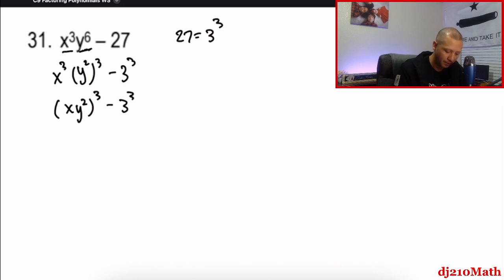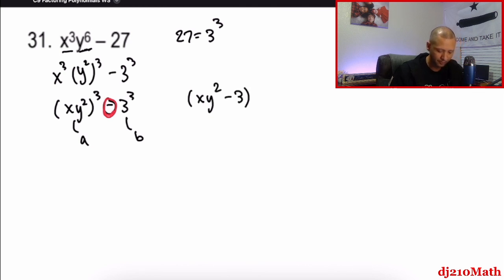All right, we good. So this is my a, this is my b. So xy squared is a, 3 is b. And this is a difference, right, a difference of cubes. So this is going to be a, which is xy squared, minus b, which is 3. So the pattern is minus plus plus.